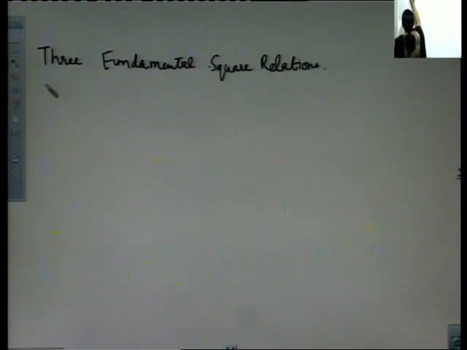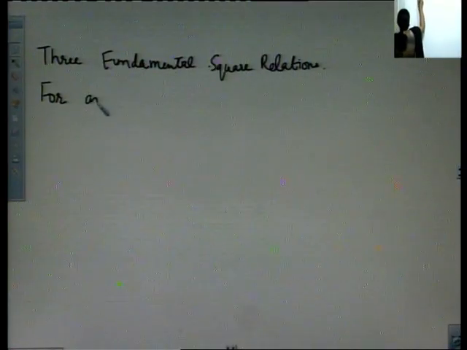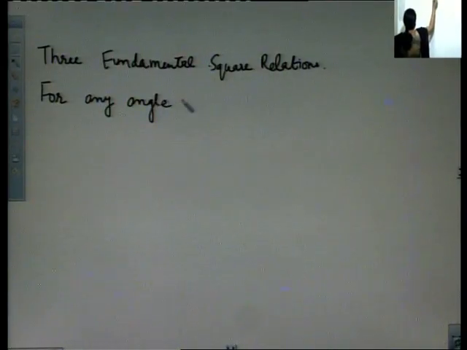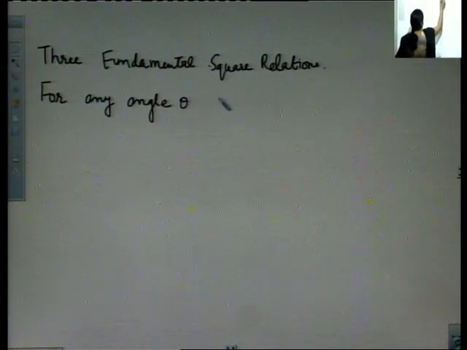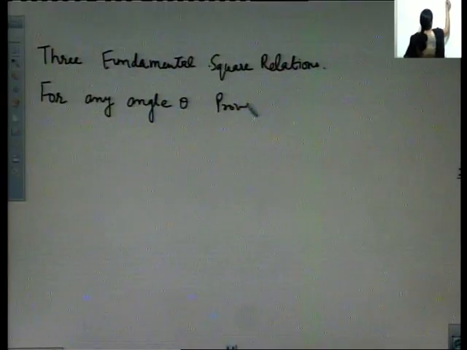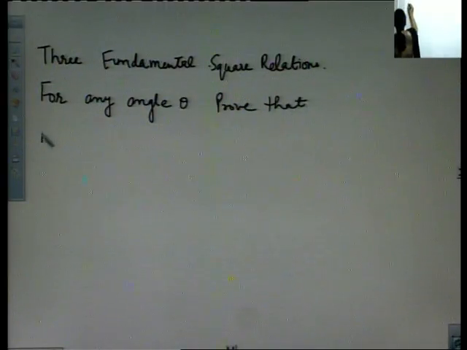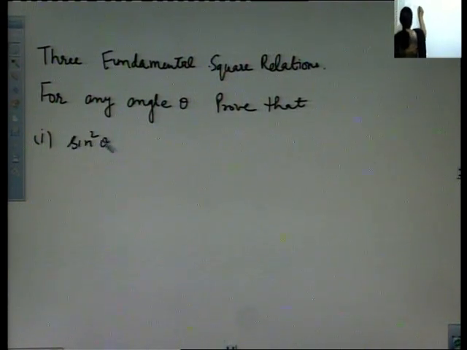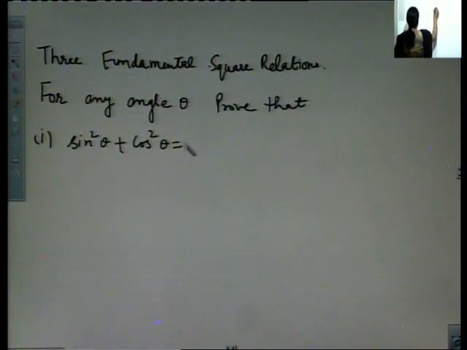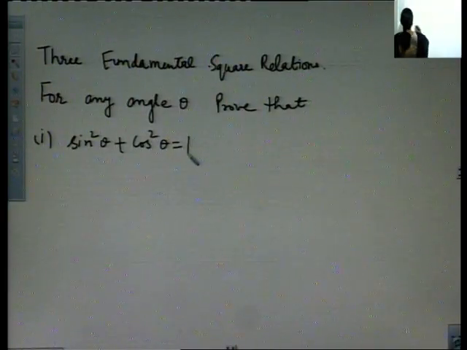For any angle theta, prove that: number 1, sin square theta plus cos square theta is equal to 1.